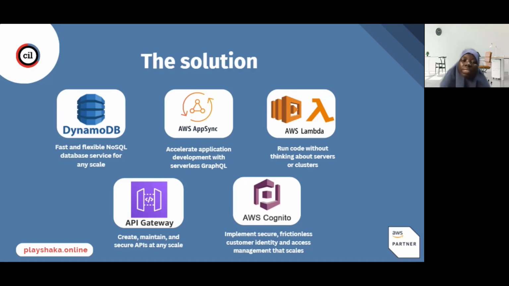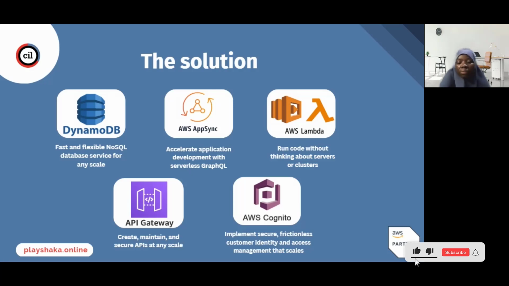And that is where AWS AppSync comes in. This is also a fully managed service. It makes it easy to develop GraphQL APIs. With AppSync, we can build an API that securely accesses data from multiple sources, even including DynamoDB.